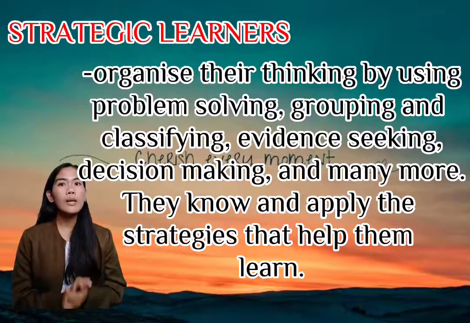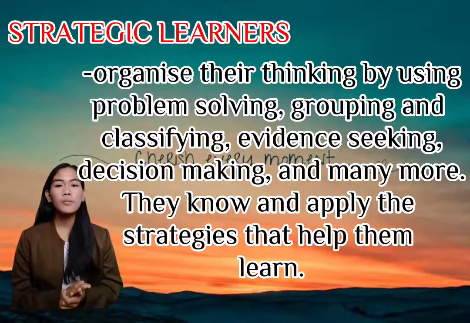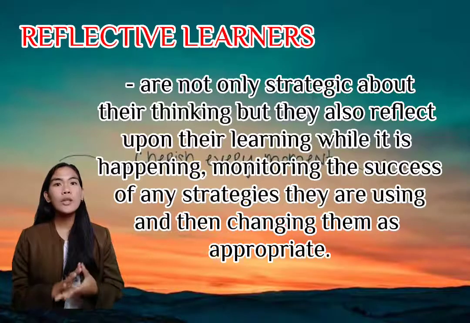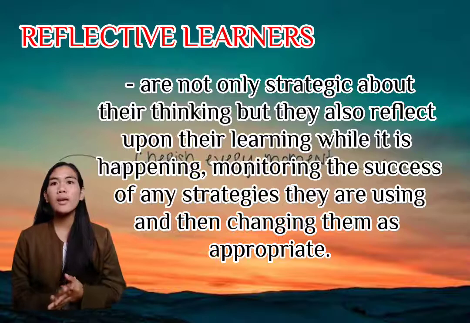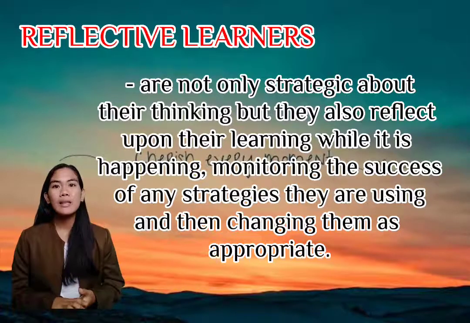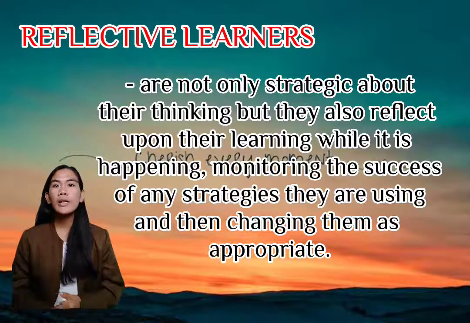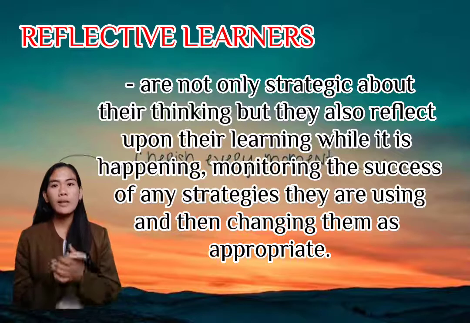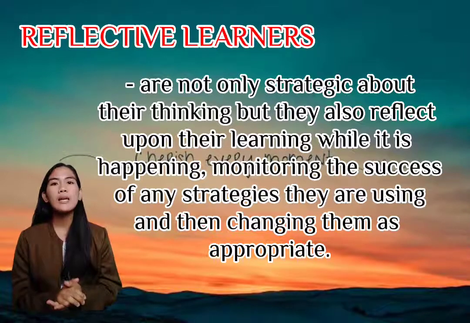They know and apply the strategies that help them learn. Reflective learners are not only strategic about their thinking, but they also reflect upon their own learning while it is happening, monitoring the success of any strategies they are using and then changing them as appropriate.